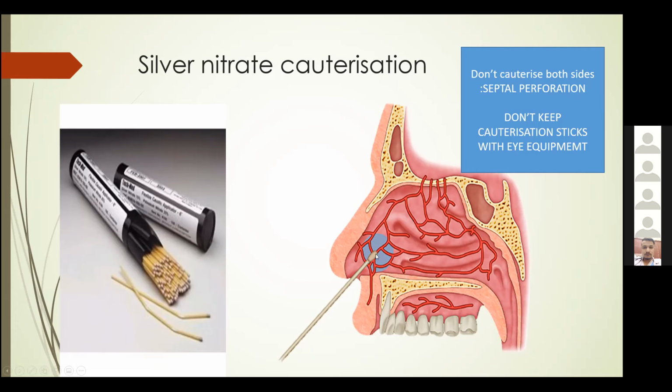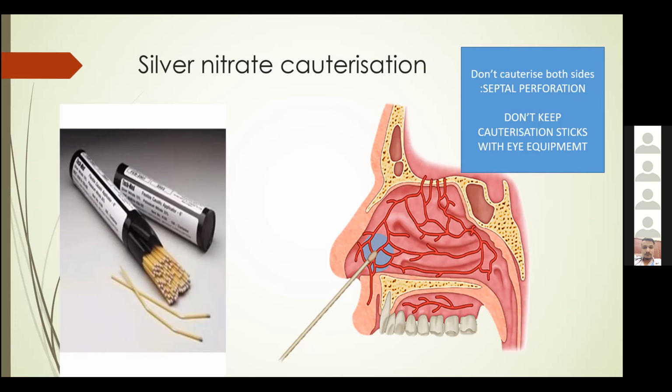Now, if you are cauterizing one nostril, don't do it on the other side, because you can cause septal perforation. So you're just supposed to touch lightly on one side and not do it on both sides, because it can cause septal perforation. Right, so that's it about silver nitrate cauterization.